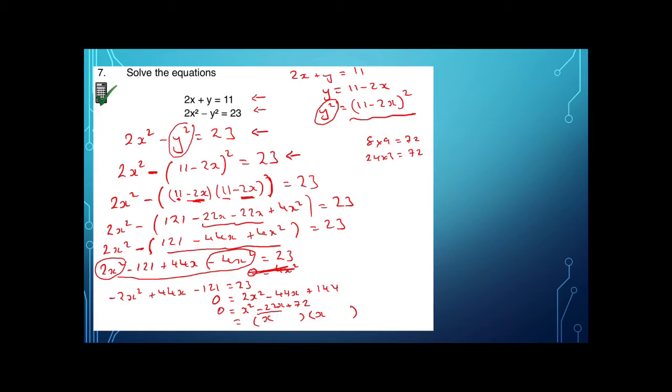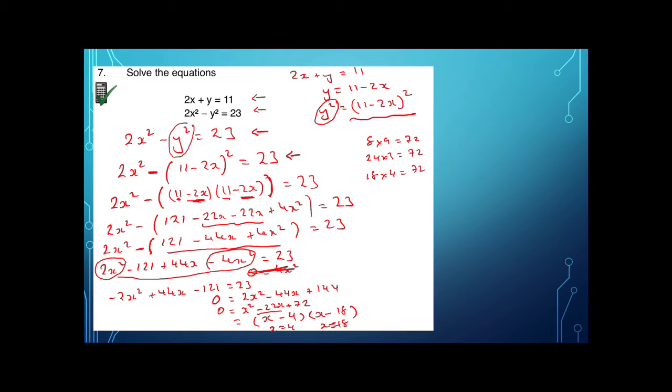They don't add together to make negative 22. What else do we have? 18 times 4. Now that works, doesn't it? Is 72. Yes, okay, so if we have negative 18 and negative 4, yes, that works. And that means x is equal to 4 and x is equal to 18.